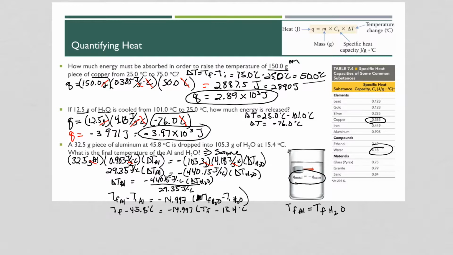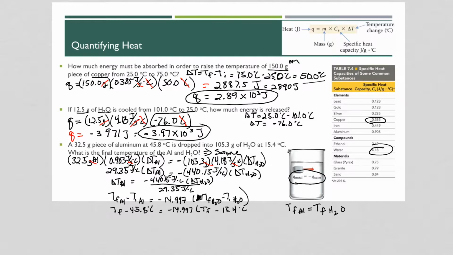Now, I have to do a little math here. We have to take the negative 14.997 and multiply it by both of these. If I do this first, it's going to give me negative 14.997 TF.